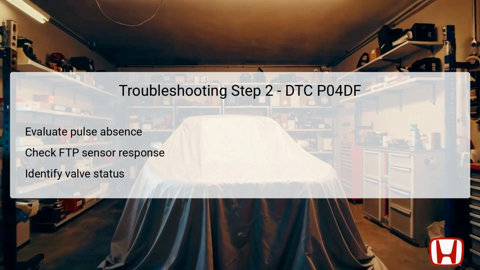Conversely, if there is no fluctuation, it indicates a potential issue with the purge flow itself, classified under another DTC code, P04F1. Thus, this step helps to discern whether the purge valve or the overall purge system is at fault, leading to the accurate identification of the failed components.